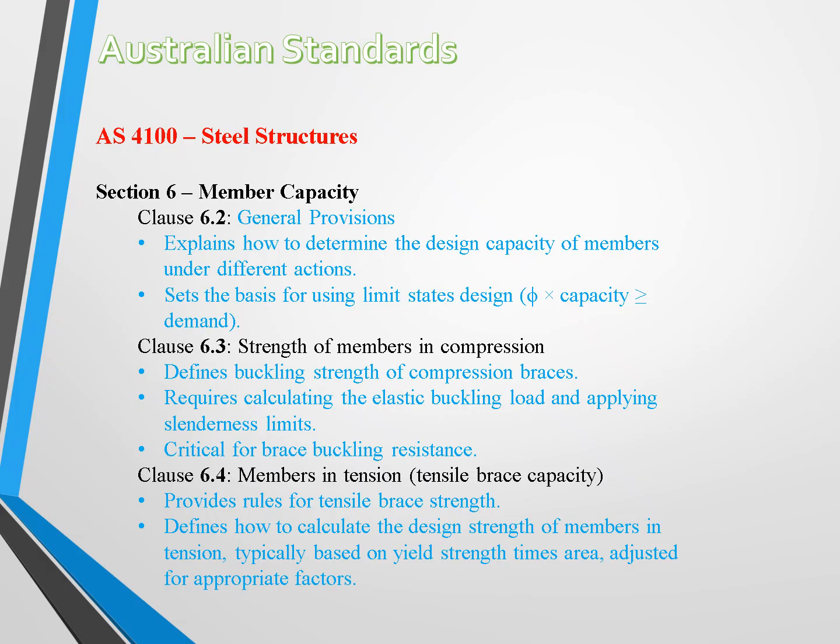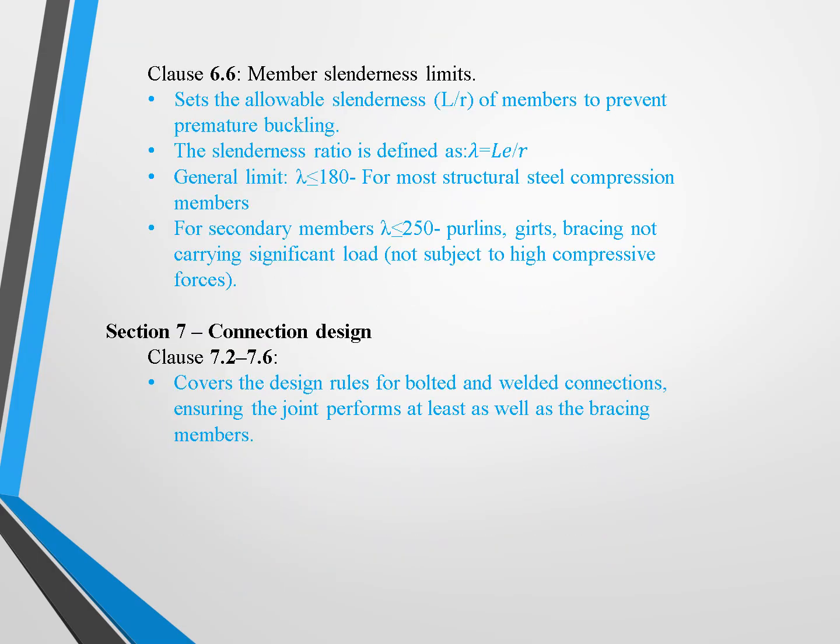Clause 6.4, members in tension, provides the rule for tensile brace strengths and defines how to calculate the design strengths of members in tension, typically based on yield strength times area, with appropriate factors.